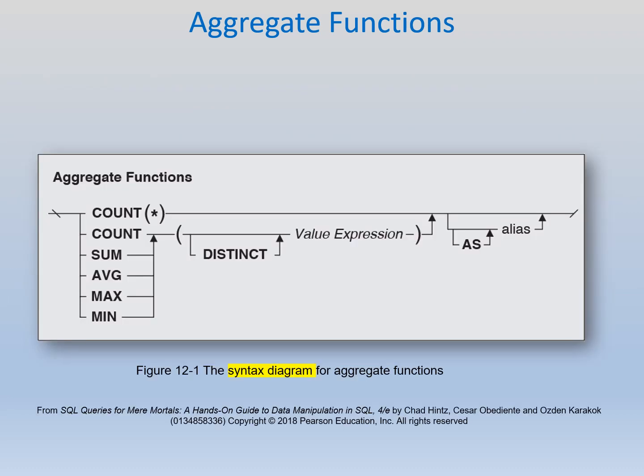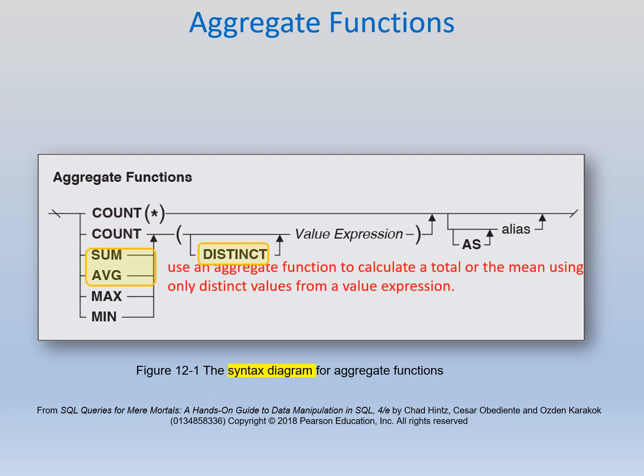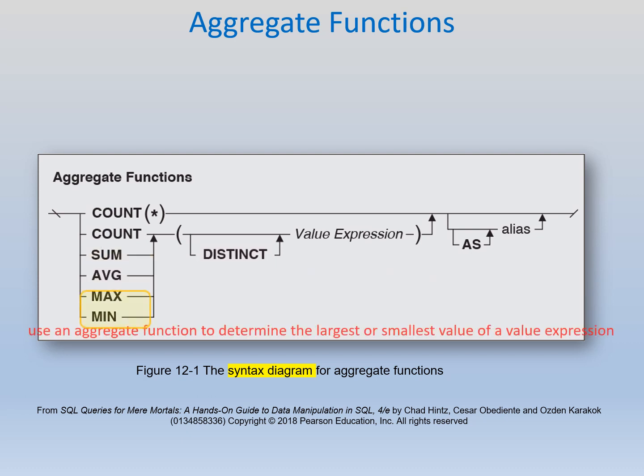This is the syntax diagram for aggregate functions. We can use count, count asterisk and count distinct to count the number of rows in a value set. We can use sum and average to calculate the total or the mean of the values in a value set or value expression.